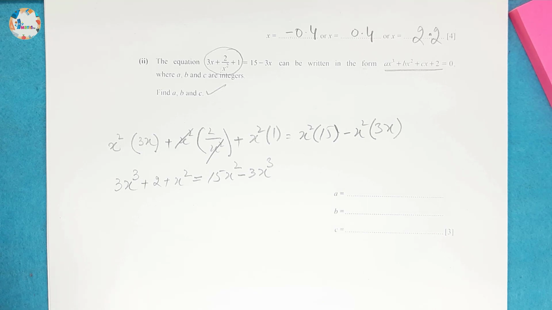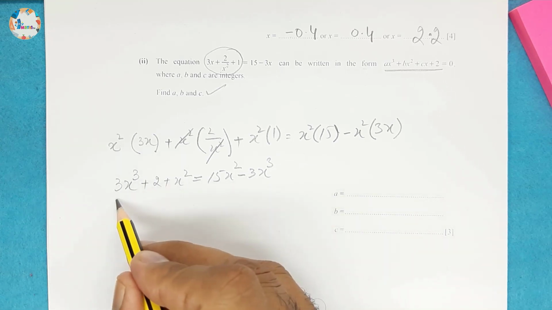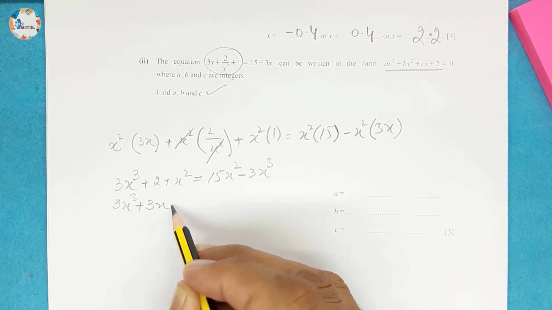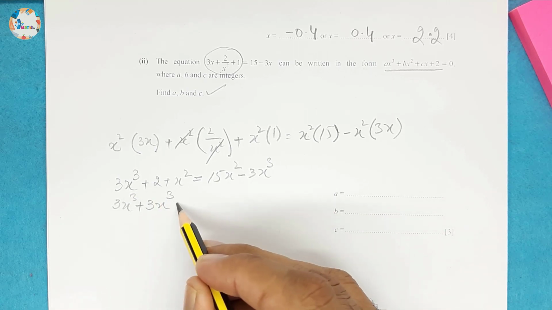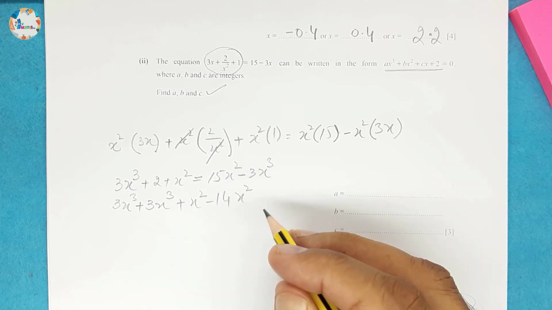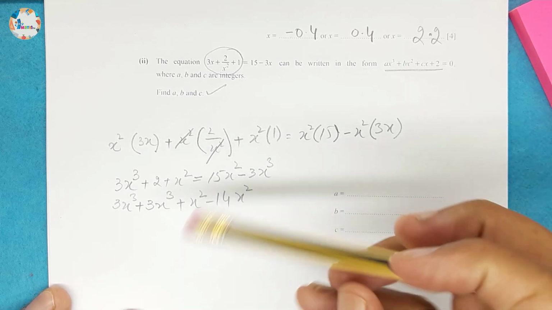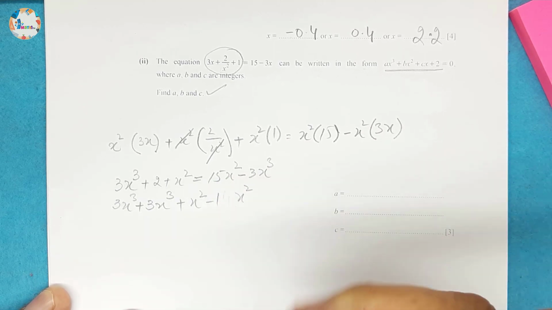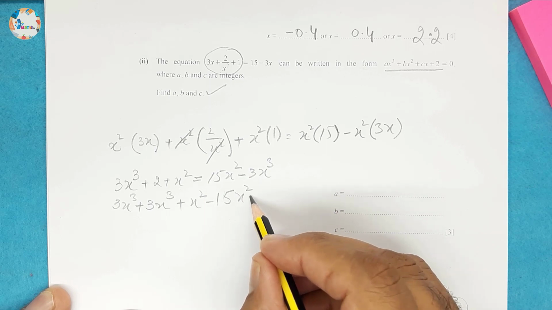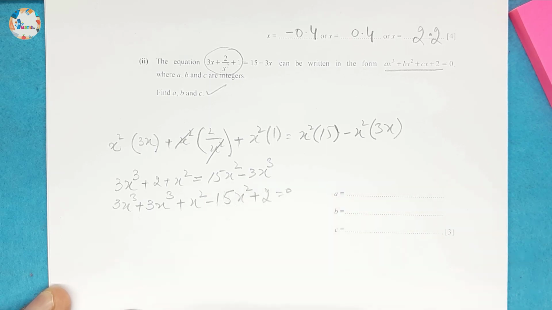So this will be 3x cubed plus 3x cubed and plus x squared minus 15x squared, not 14, it should be 15 basically, and plus 2 is equal to 0.